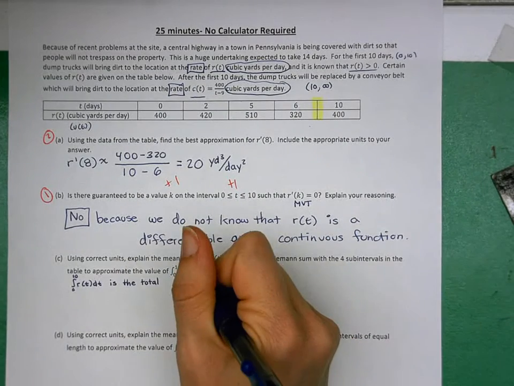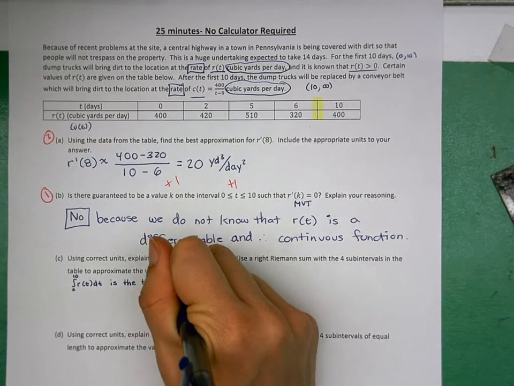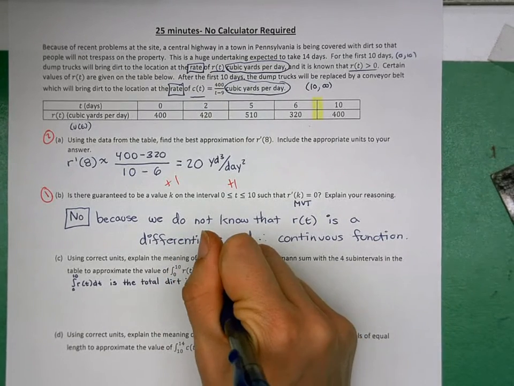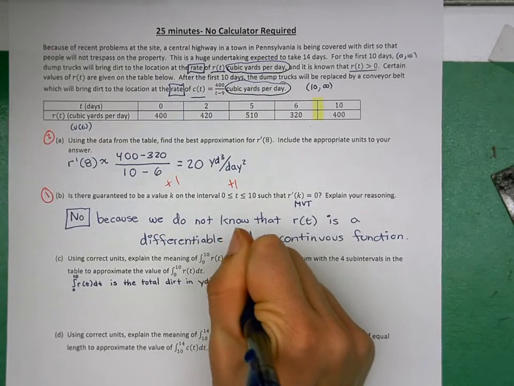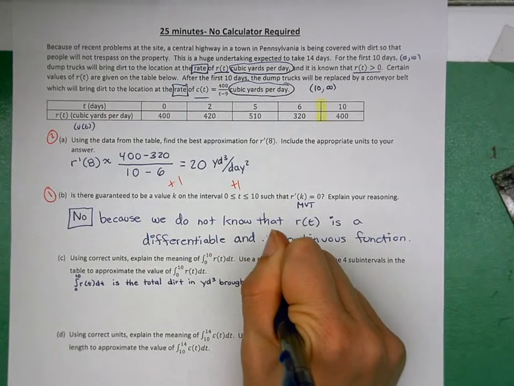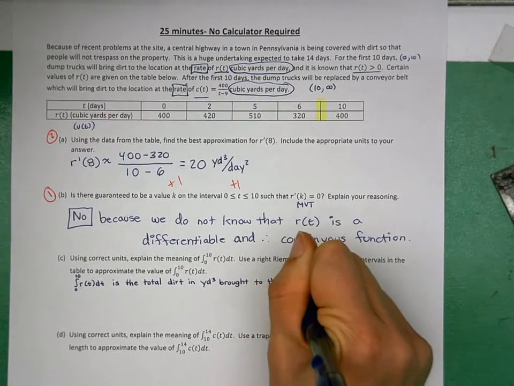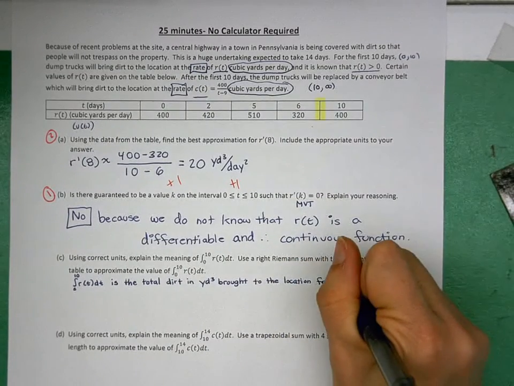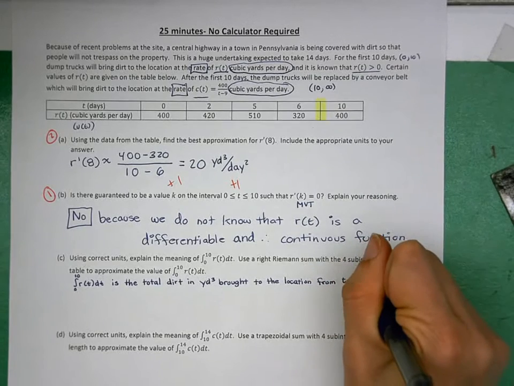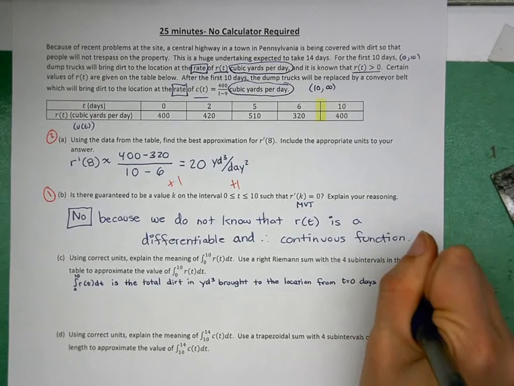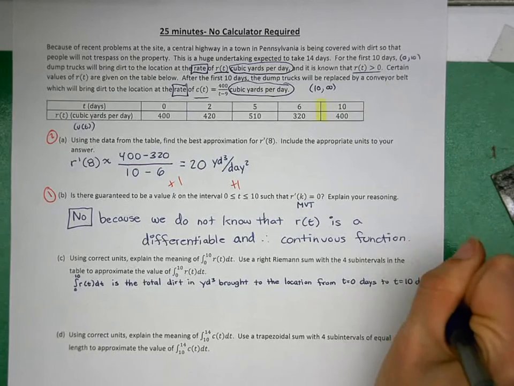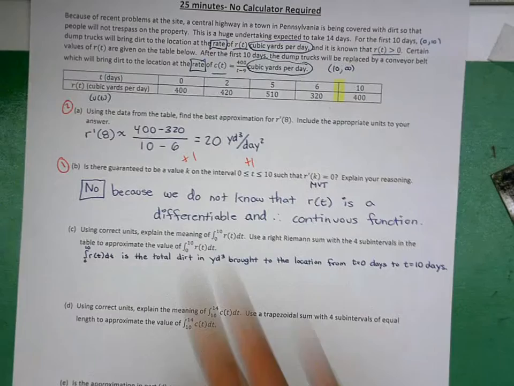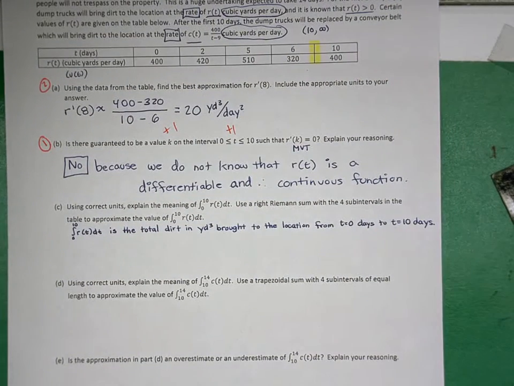Well, it's the total dirt in yards cubed, because that's how that's measured, brought to the location from, and remember I said in previous videos, always make sure you reference the time, from t equals 0 days to t equals 10 days. Okay? If I'm describing a derivative, I like using the word rate. Integral, I use the word total.